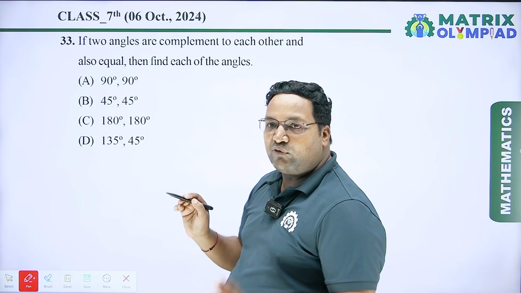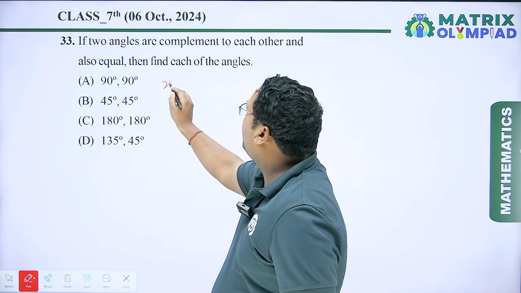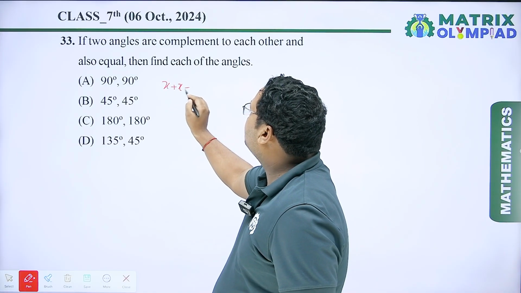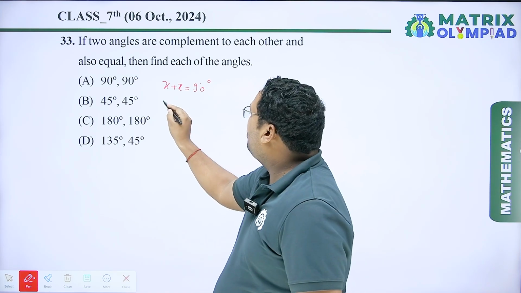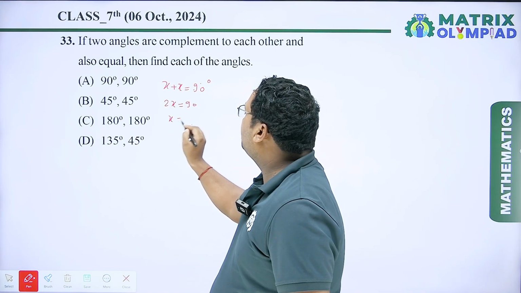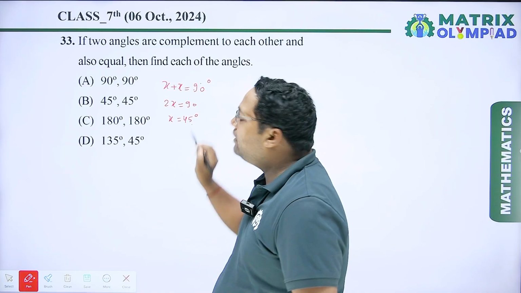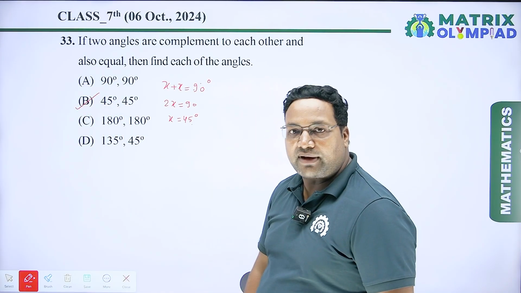So it means if one angle is x, then another angle is also x. So I have to put here x plus x is equal to 90 degree because they are complement. So 2x is equal to 90 degree and x equal to 45 degree. So both the angles are 45 degrees. So option B is correct.